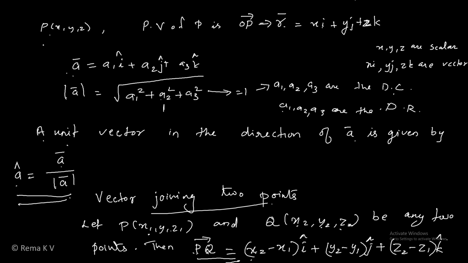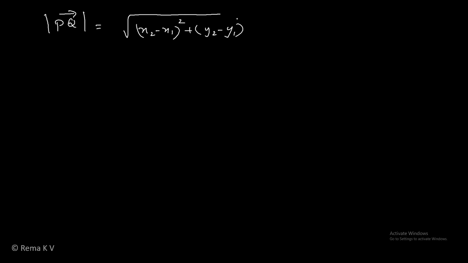And the modulus of PQ is given by modulus of vector PQ is equal to root of (x2 minus x1) the whole square plus (y2 minus y1) the whole square plus (z2 minus z1) the whole square.